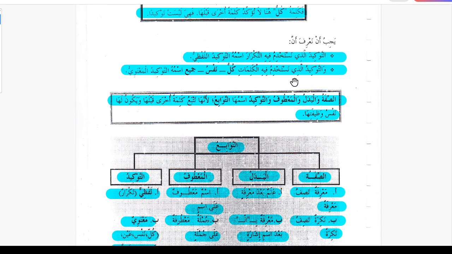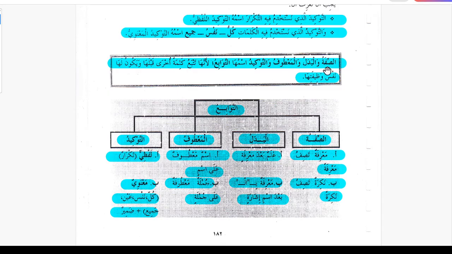And if we use other words to make emphasis, like kullu, nafsu, jamiyu, we call it tuqidul manwi, the emphasis on the meaning. So in other words, there are two types of emphasis: the repetition of the word is called lafzi, and emphasis on the meaning is called manwi.